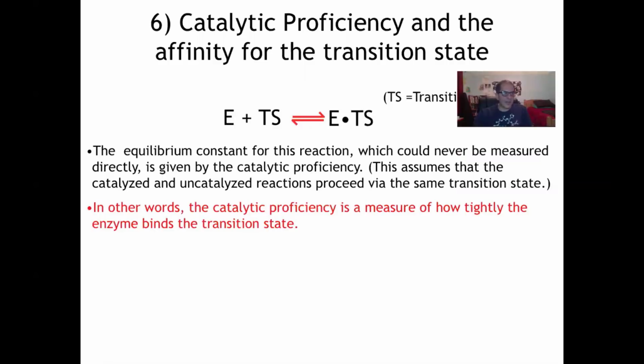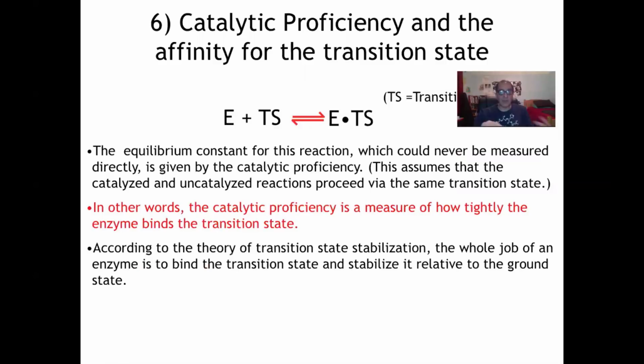What is it that enzymes do? Well, what enzymes do basically is to stabilize transition states by binding to them. The whole idea of chemical catalysis, or the theory of transition state stabilization, is that enzymes bind to the transition state and stabilize it relative to the ground state.